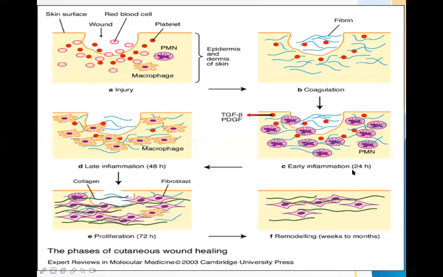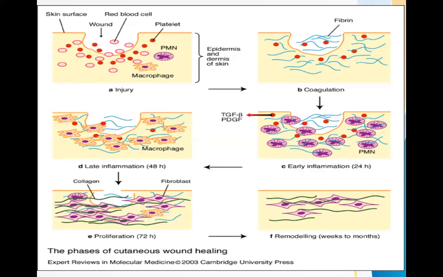Now, within 24 hours, early inflammation occurs. Early inflammation is highlighted by the collection of PMN. What is the full form of PMN? Anyone? Polymorphonuclear cells. Okay.